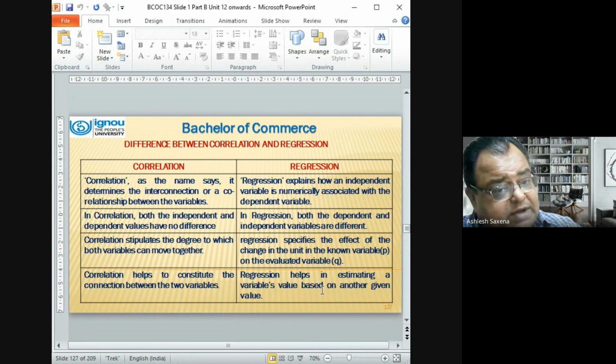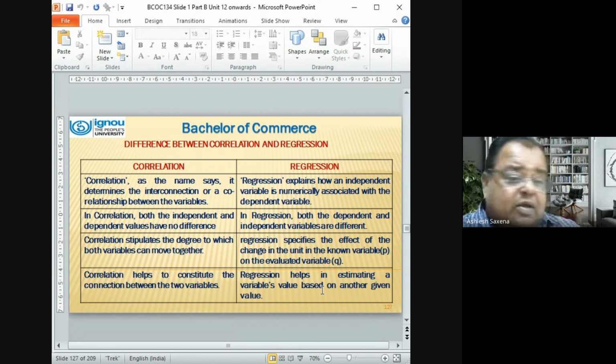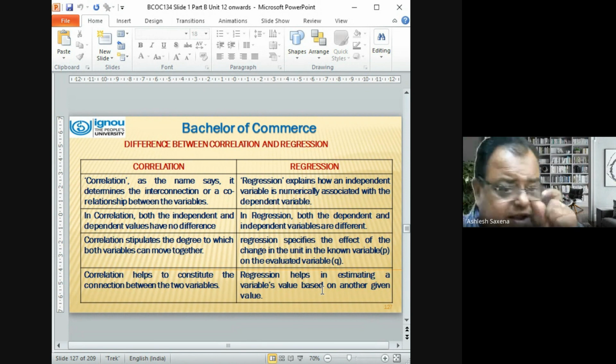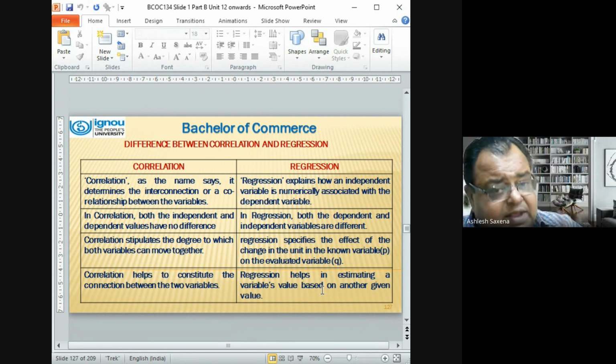Correlation estimates the degree to which both variables move together, and helps to establish the connection between the two variables. Whereas regression explains how an independent variable is numerically associated with the dependent variable.